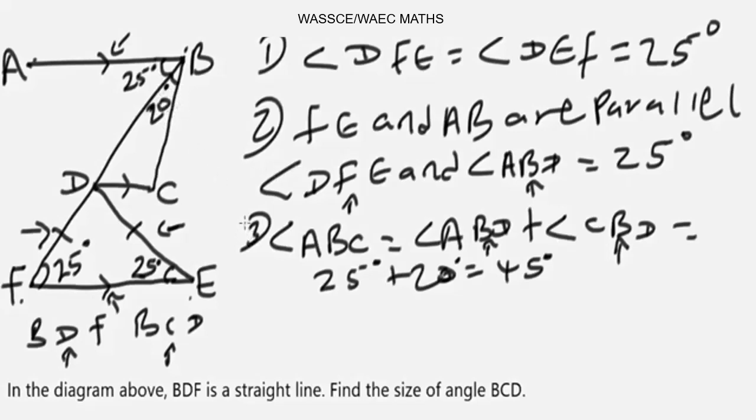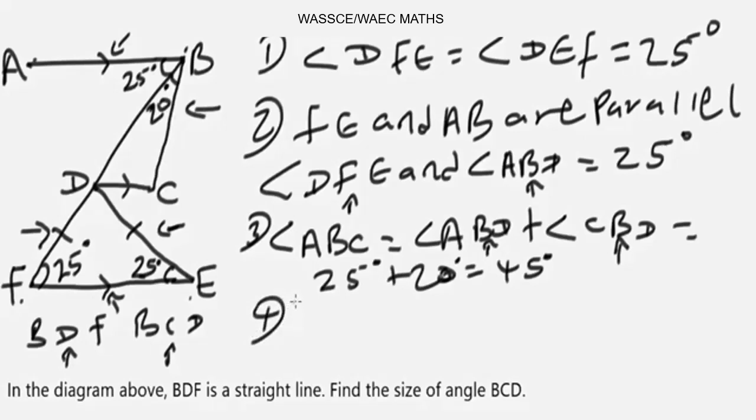Take note of what is happening here. Now that we have established this fact, remember we have to find angle BCD. We are looking for the angle C where the angle B is this 20 degrees, not 25 degrees.